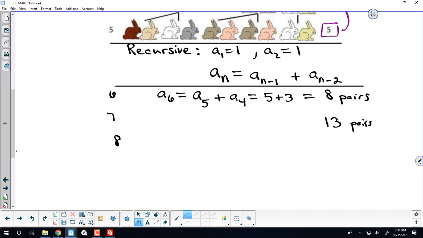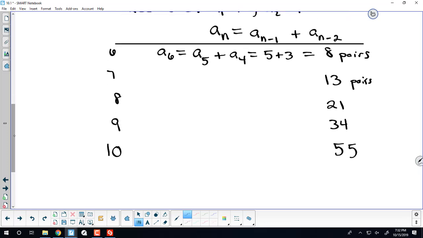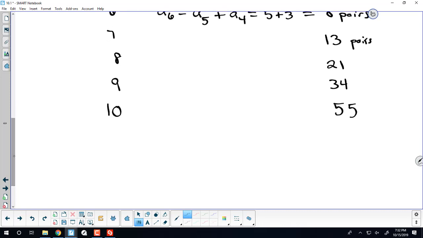How many pairs? 8 plus 13, 21. 9th month, 34. And the 10th month, 55. So at the end of the 10th month, we have 55 pairs, which means we have 110 rabbits.